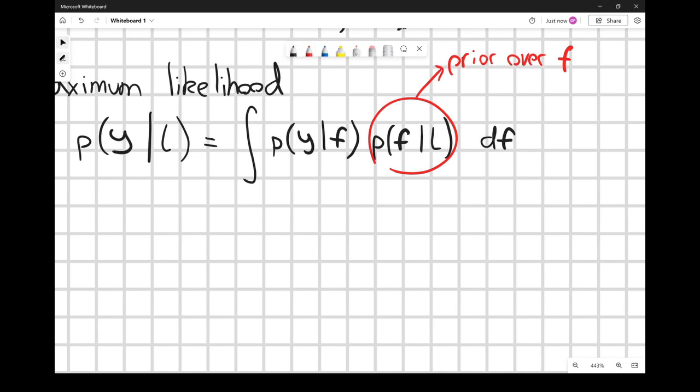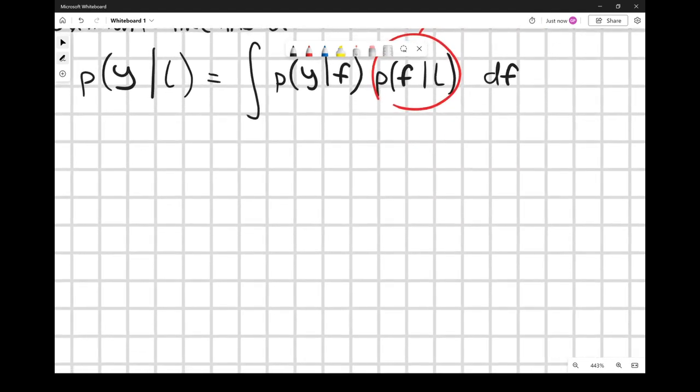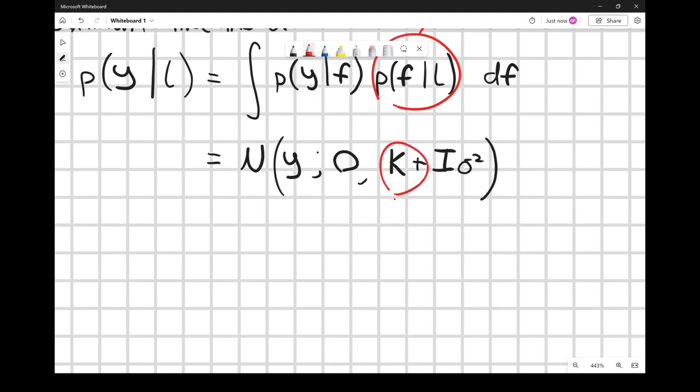Again, these are both Gaussian distributions, so we can evaluate this integral relatively easily to find that it's equal to a normal distribution, argument y, mean 0, and it has covariance matrix k plus I sigma squared, where the k here is a function of the length scale.